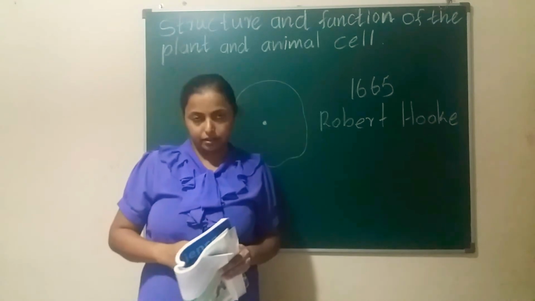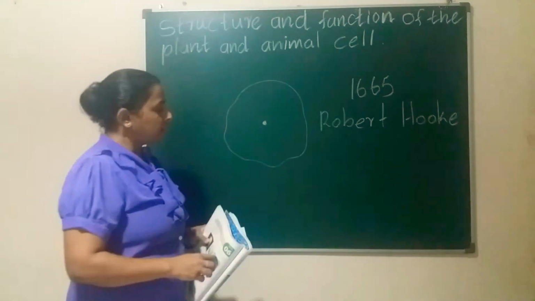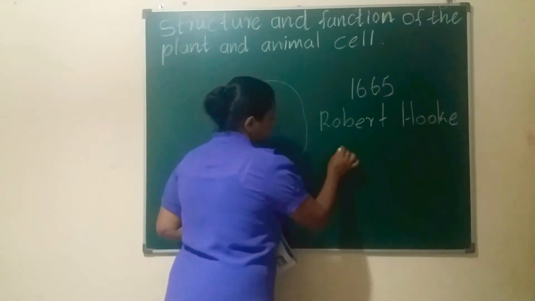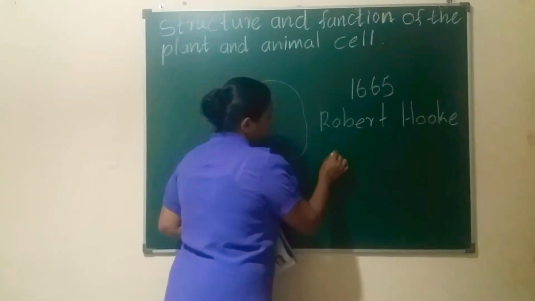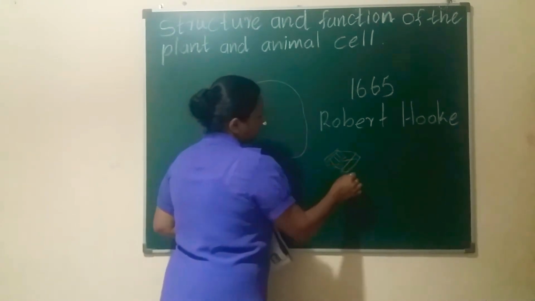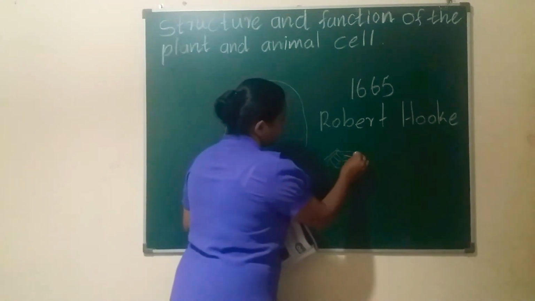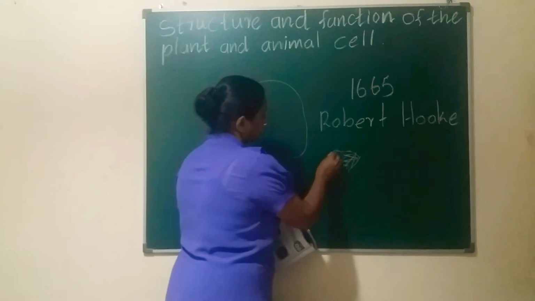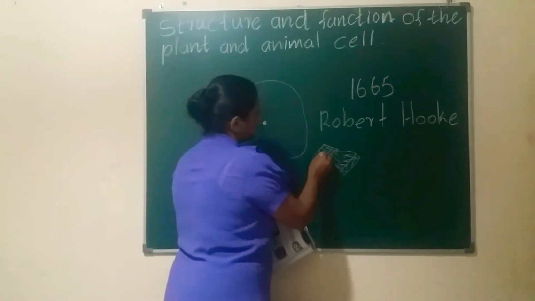Using that microscope, he could observe something like a chamber, behaving like a chamber, like this, right?